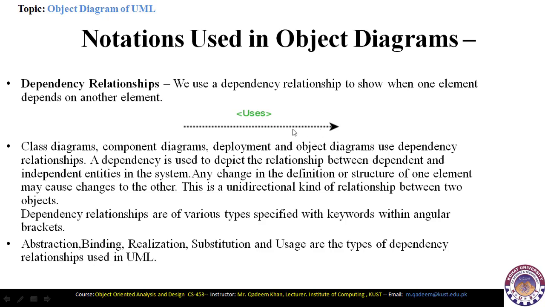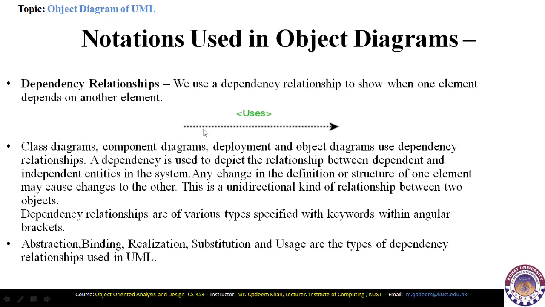The dependency relationship is very important, because one object is depending on another object. So when one object is changed, the other object will also be changed. That means when some changes occur in the structure of one element, the other element will be affected.